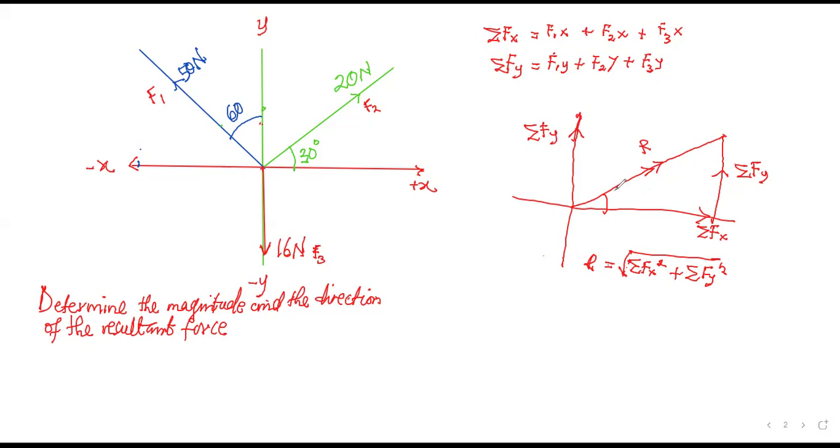So assuming this is theta, the tangent of theta is equal to summation Fy over summation Fx. Theta is equal to the tan inverse of this, and this will give you the direction to the x-axis. When you subtract theta from 90, you have the direction it makes with the y-axis. So that's how to determine the direction.